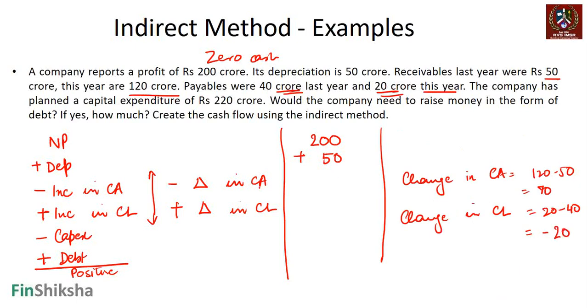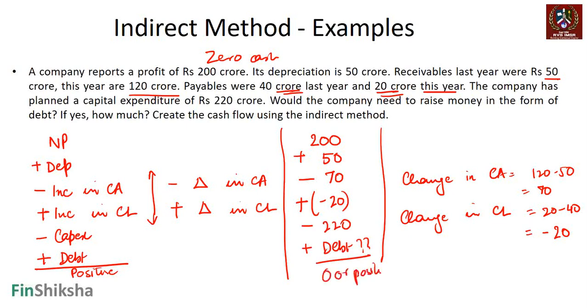What do we do to change in current assets? We subtract it. So minus 70, and we will understand this in a moment. And what do we do to change in current liabilities? We add minus 20. So effectively we will end up subtracting 20, right? And then we have a capex of 220. We have to find out if the company has taken any debt such that we end up being zero or positive, right?